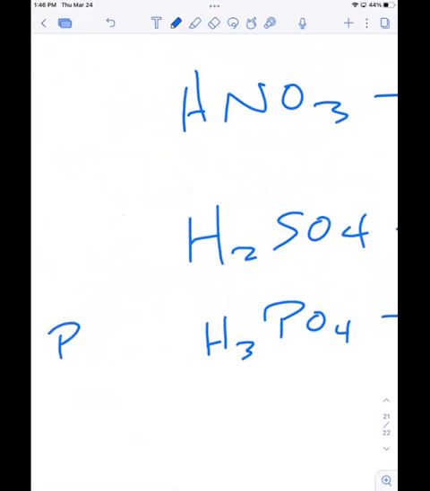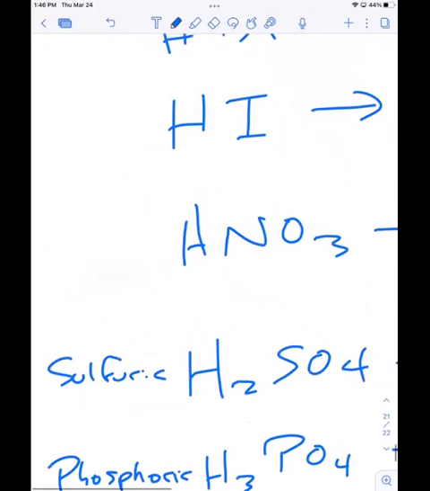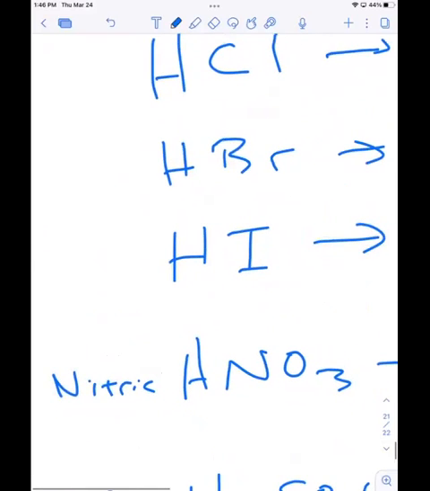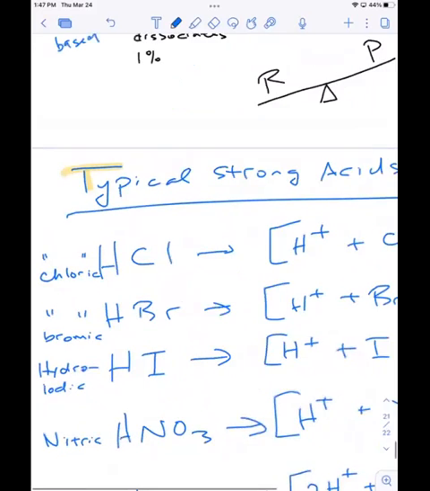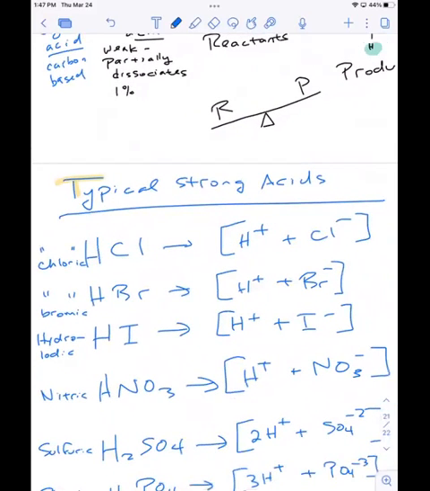So this is phosphoric acid, sulfuric acid, nitric acid, hydroiodic acid, hydrobromic acid, and hydrochloric acid. HCl is the same as stomach acid. That's the acid in our stomachs that helps to break down the foods that we eat.